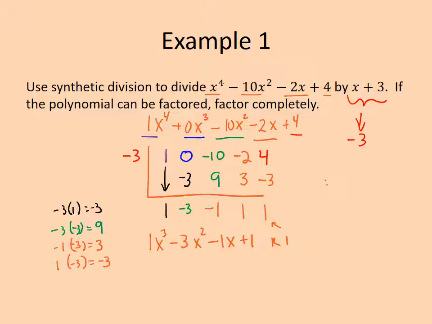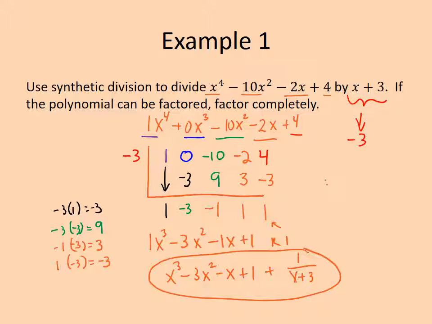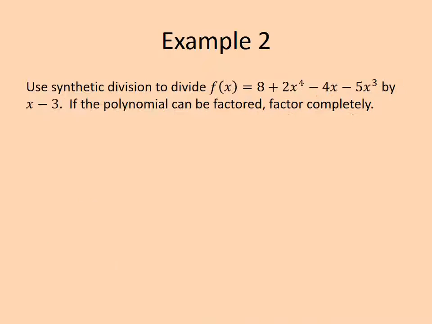So to write this division, I have x cubed minus 3x squared minus x plus 1 remainder 1 over what we divided by, which was x plus 3. Since this did not have a remainder 0, we can't factor it completely, but this is the problem divided using synthetic division.